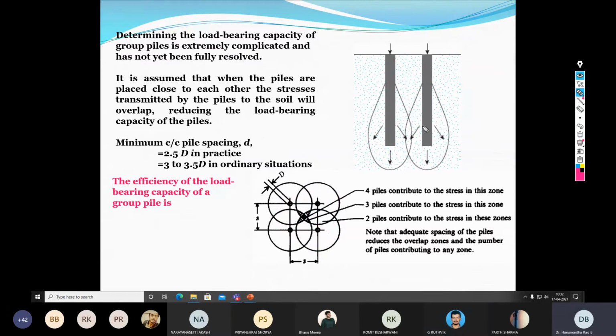See, for example, in this zone, say I'm taking zone A, zone B and zone C. As you rightly said, suppose the soil in zone A undergoes compression.